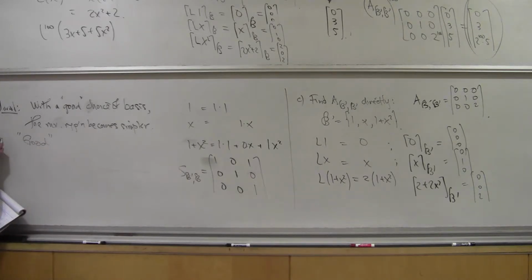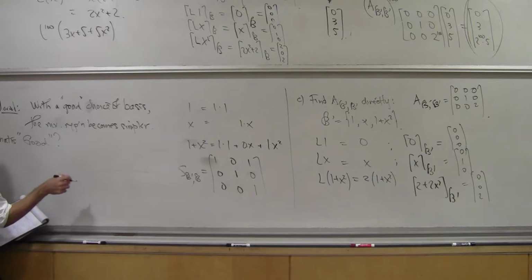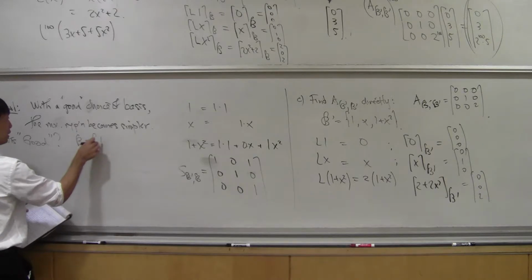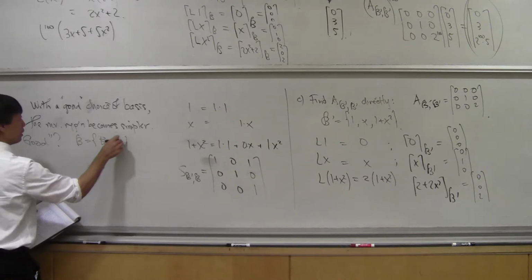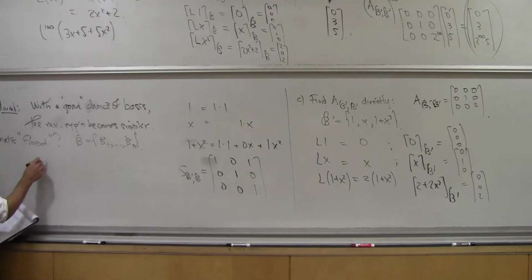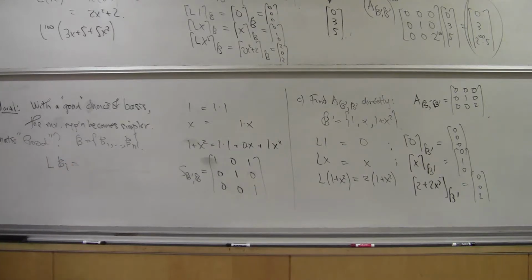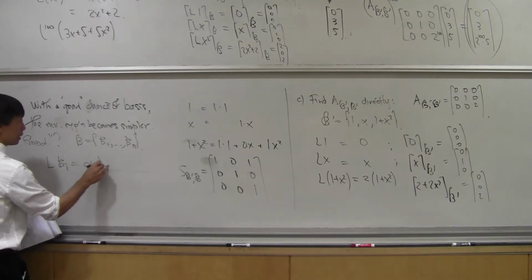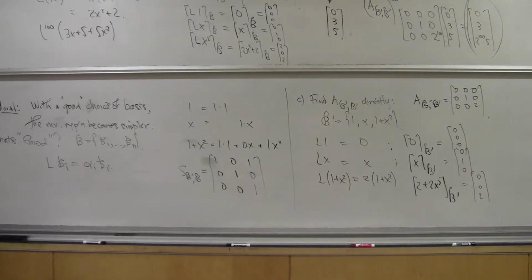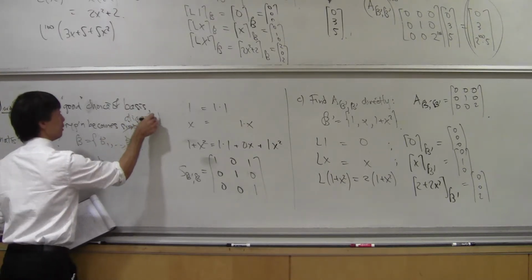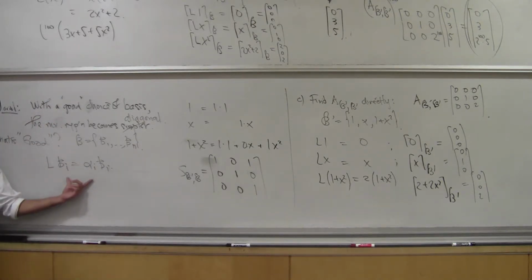Well, if your basis looks like B1 through Bn, good means that when you hit each one with the operator, it becomes a multiple of itself. That's what good means for us. If we have a basis that acts like this, then the matrix representation is going to be diagonal.